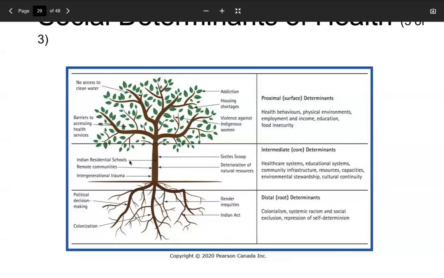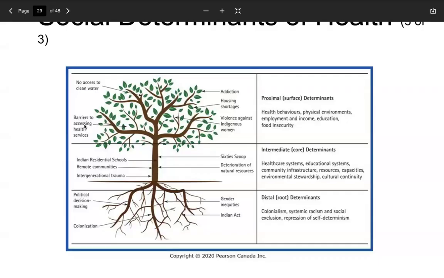That's going to cause a loss of identity. They experienced physical, sexual, psychological, verbal abuse. That's going to have an impact on their coping strategies. That's trauma. Maybe they're coping by using different substances. That's leading to their addiction. Maybe there's barriers to accessing health services, which is then another compounding factor.